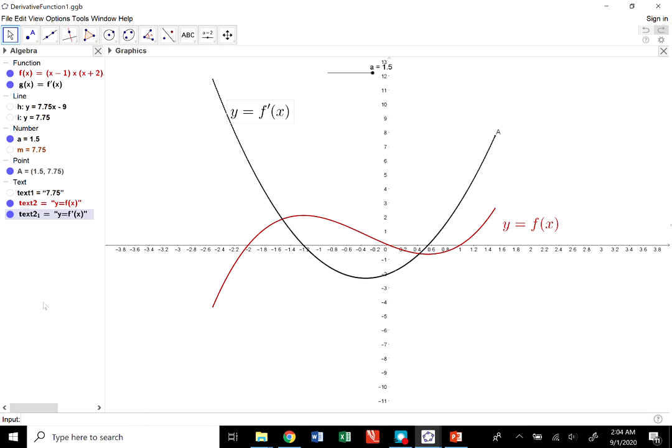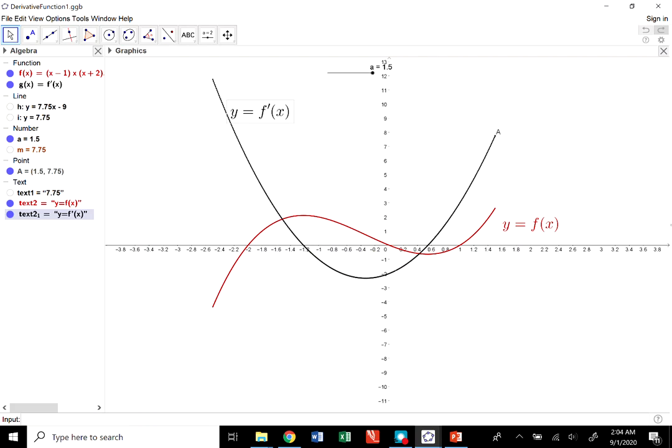There are a few things that we need to observe and learn from this. Look at when this y equals f prime of x graph has a 0 value, right? At this x value of some negative 1.2 or something like that. Would you agree that the derivative curve has a 0 value?